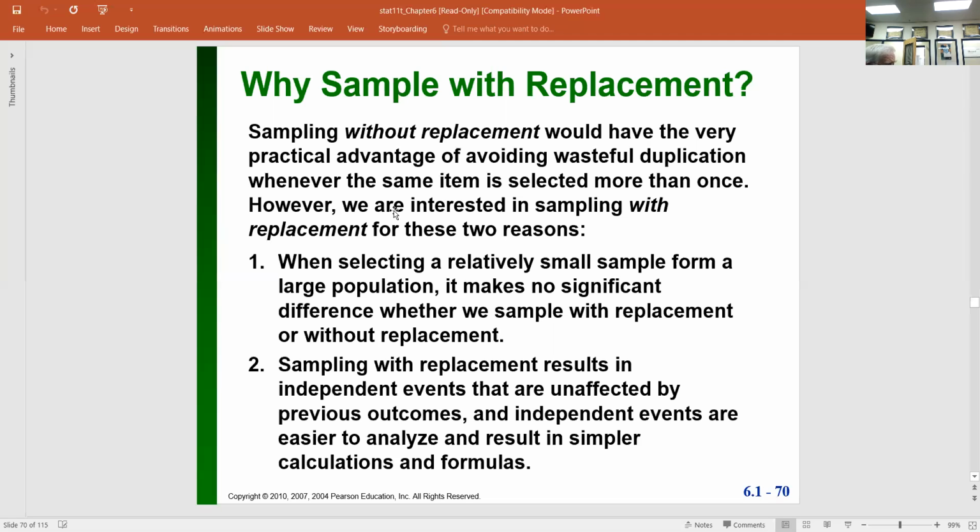And that's why before a pacemaker is installed, they actually test it. They're as close to 100% as they're going to get.